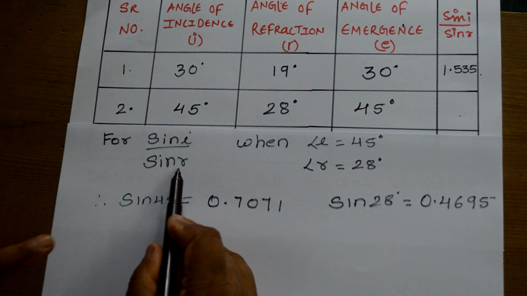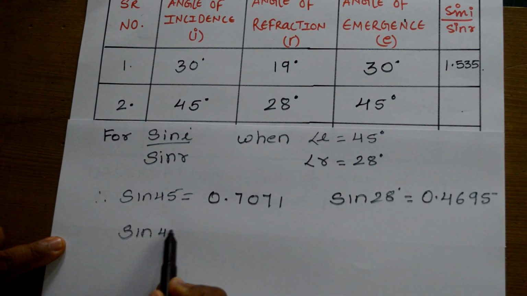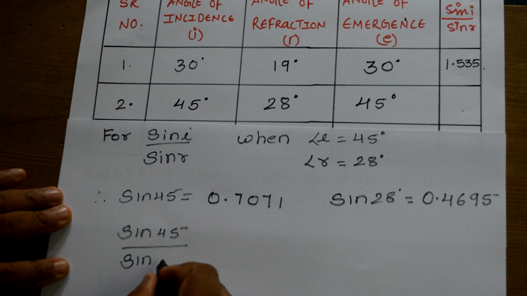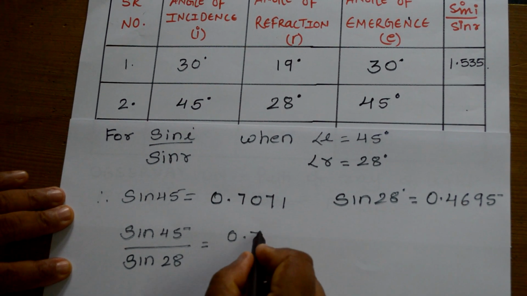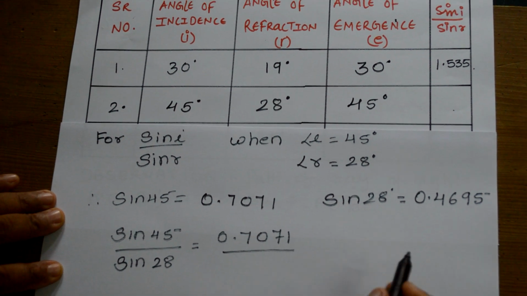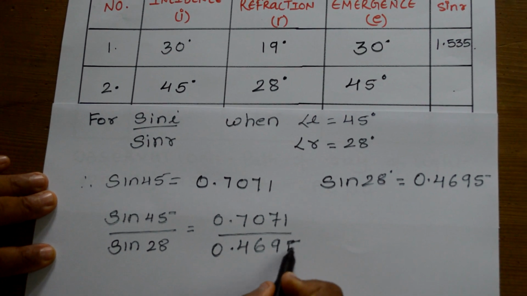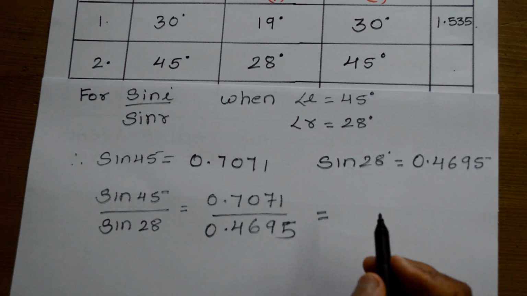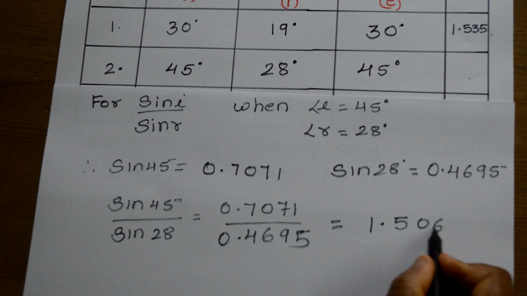To get sin I upon sin R, I will write sin 45 upon sin 28, which is equal to 0.7071 upon 0.4695, which will be equal to 1.5060.